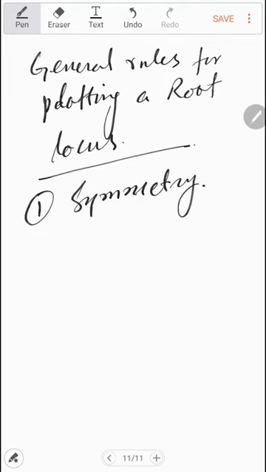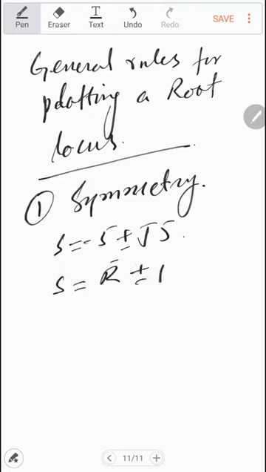So we already know that, earlier we said that s is equal to minus 5 plus minus j 5. So in general, we can say that this is a negative real number, and then plus minus j, and then we again have a real number. So it can be 2.5, 2.3, that is why we said that this is the real number.